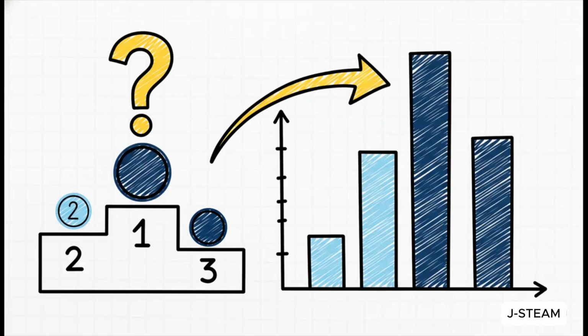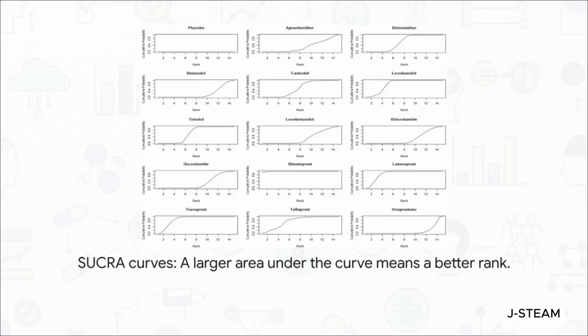But just being the most likely to be number one doesn't tell the whole story. What if another drug is almost always number 2 or number 3? So there's a smarter, more sophisticated way to look at ranking called SUCRA. Okay, SUCRA stands for Surface Under the Cumulative Ranking Curve. Just forget the complicated name for a second. All you need to know is that it gives each drug a score from 0 to 100 that summarizes its overall ranking.